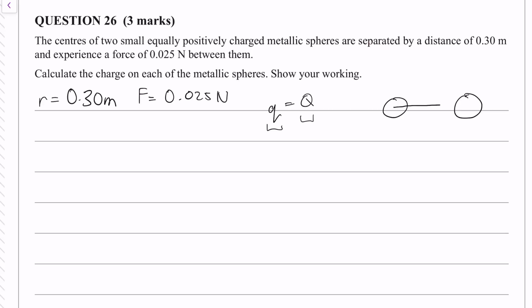Their distance between them is 0.30 meters from between their centers, and we know that Q equals Q because the charge is equal. Okay, they're also equal, and we know they are positive as well. They're both positive, so they're actually going to be repelling each other.